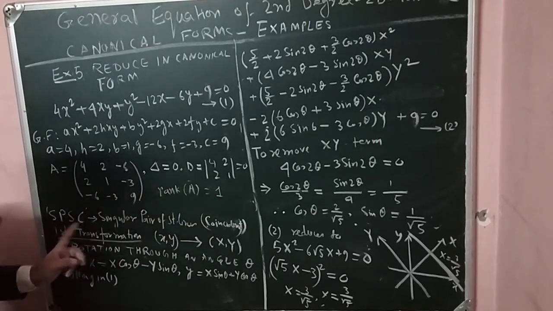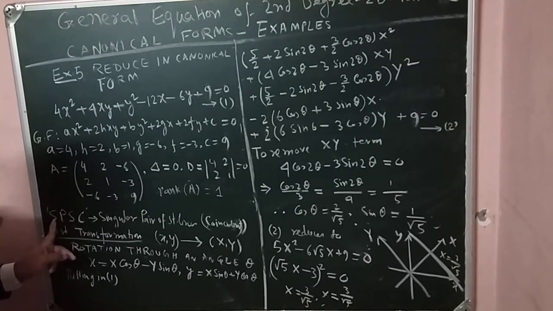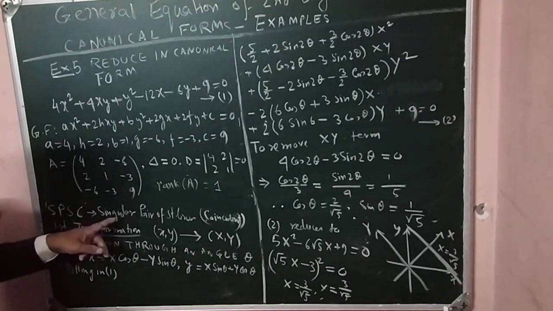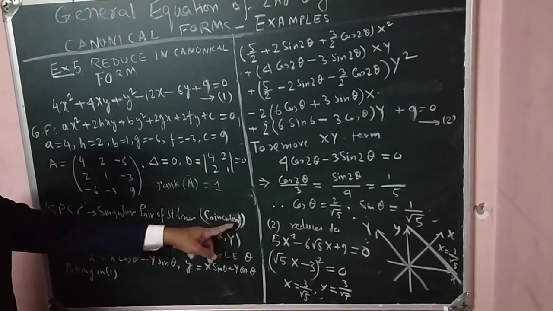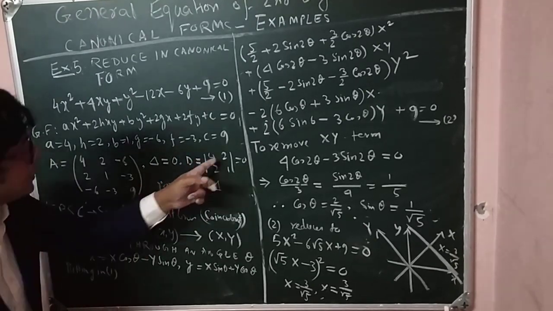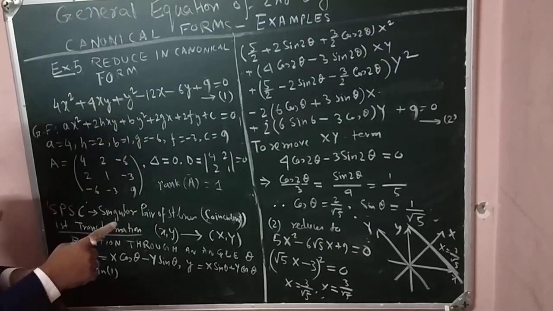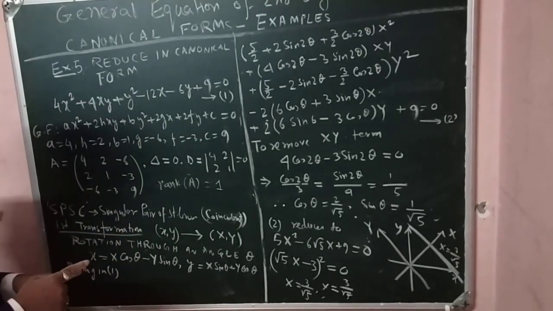Since rank is 1, we get the category as discussed in part 1, SPSC, that is singular pair of straight lines coincident. Since we are not getting any point of intersection, there is no question of translation.